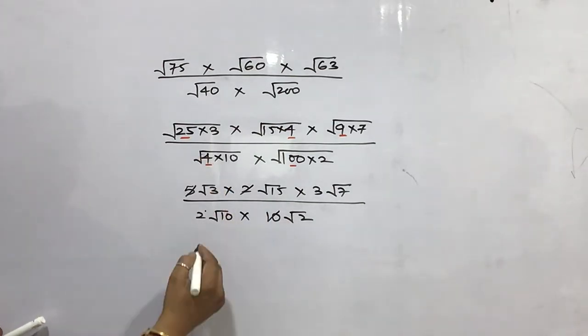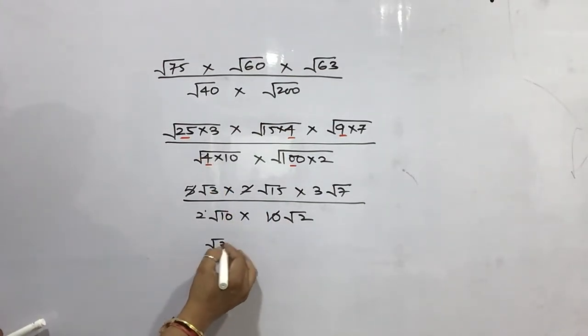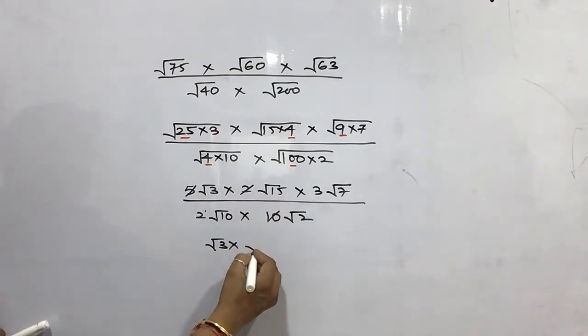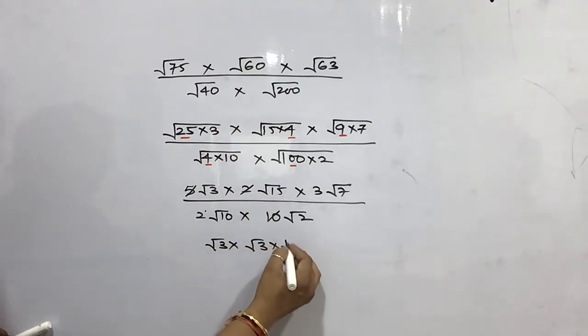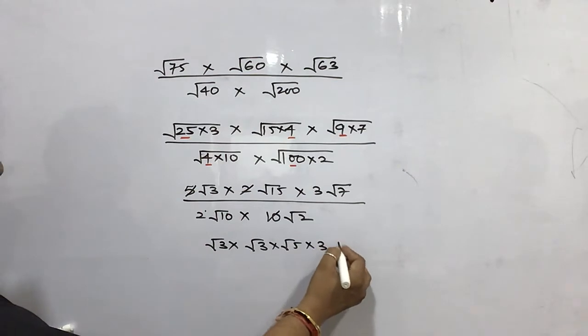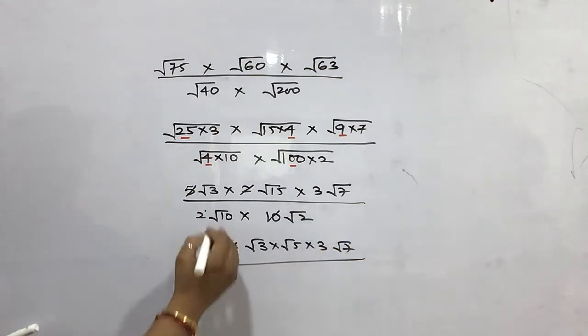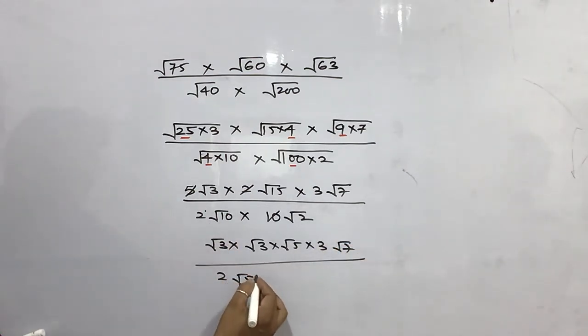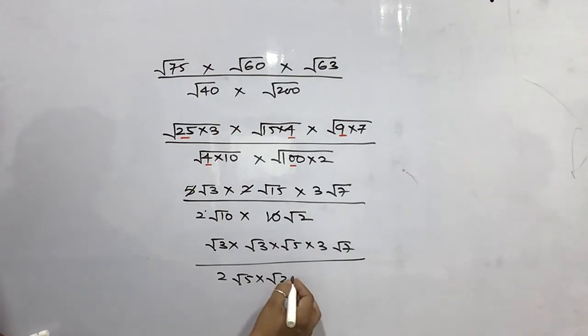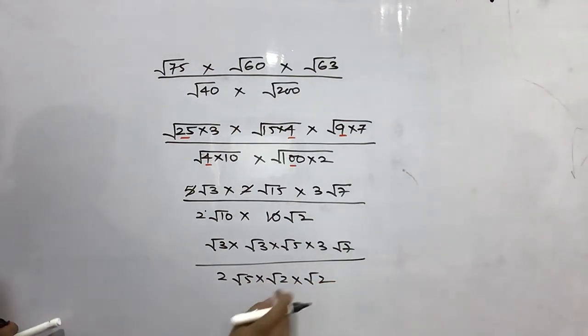Now what is in the numerator? Root 3, root 15 I can write as root 3 into root 5. This one is 3 under root 7. Root 10 I can write as root 5 into root 2, and this is under root 2. Then root 5 cancels.